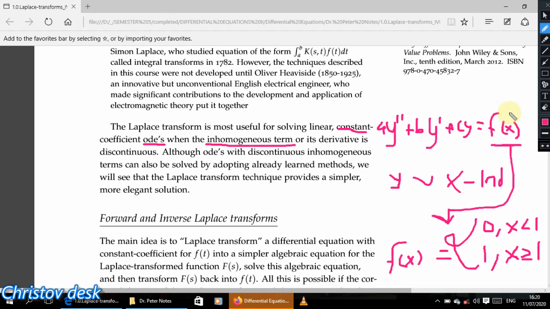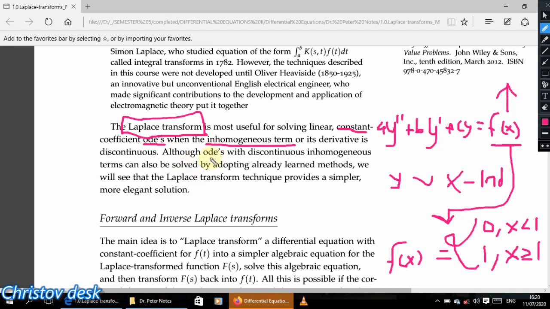You could use those methods to solve that. But it happens that the inhomogeneous part at times becomes a discontinuous function, and you would have to adopt another technique, and that is Laplace transforms.